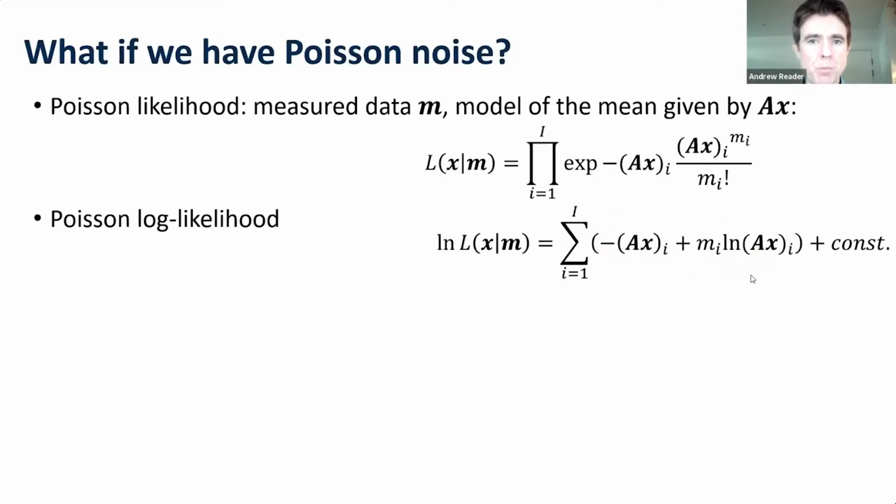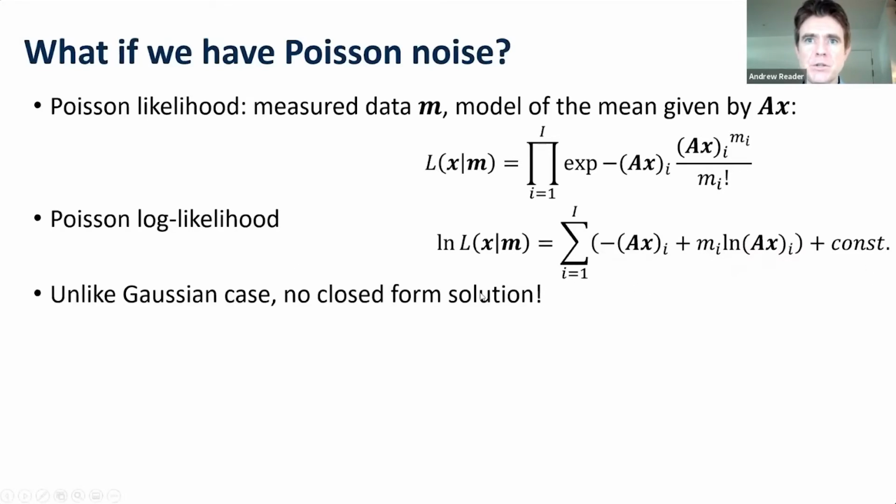And this relates to the Kullback-Leibler divergence, which is a way of expressing it as a kind of asymmetric distance measure. But for the moment, we're just going to focus on the classic case of maximizing this Poisson log likelihood.